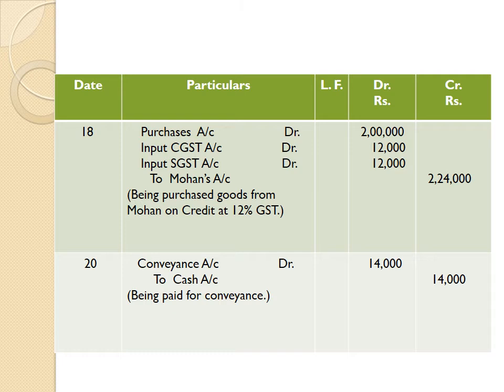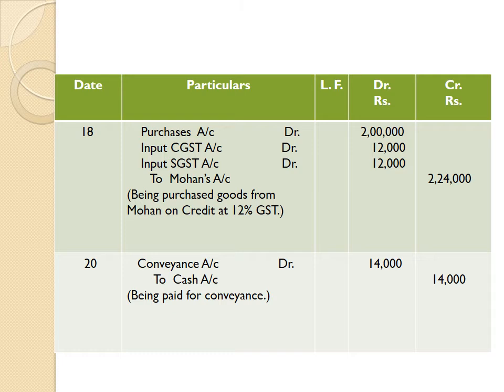Input CGST, CGST means Central Goods and Services Tax, account debit 12,000. Input SGST account debit, SGST means State Goods and Services Tax, 12,000. Total of these three items came rupees 2 lakh 24,000. That is to Mohan's account 2 lakh 24,000.